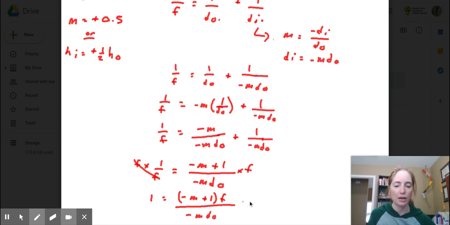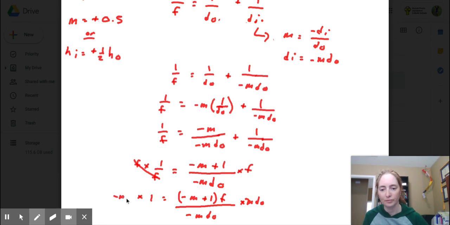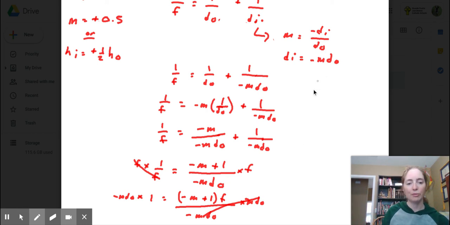I'm going to multiply both sides by negative m do. Now I'm just going to jump up here to rewrite this guy. So my negative m do is going to equal negative m plus 1 times f. And then, ladies and gentlemen, I'm going to divide by negative m.